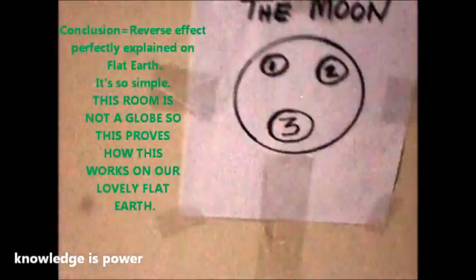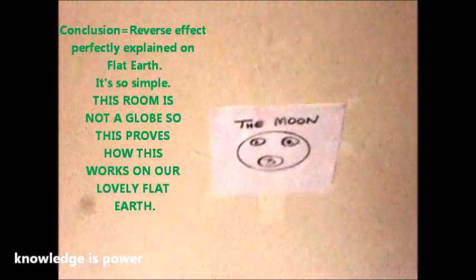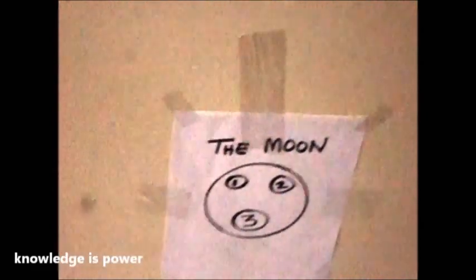In fact, this would work better on a flat earth, people, just like I'm showing you right now. And it'll happen the same way with the stars. So if we can imagine around this paper, if there were constellations all around here, it would be the same way. You just reverse based on where you're at, okay?